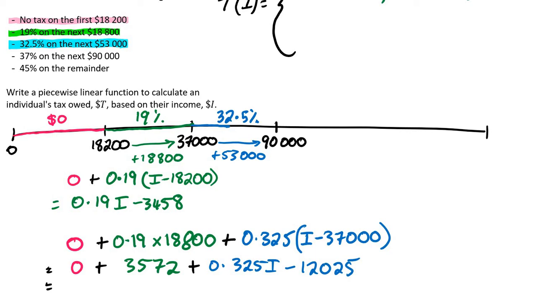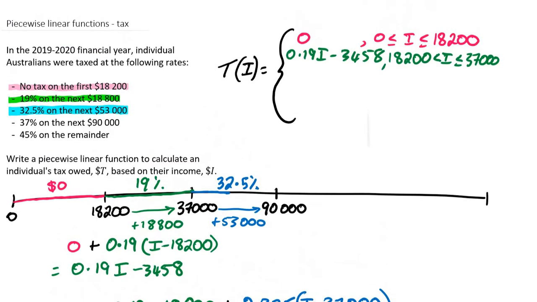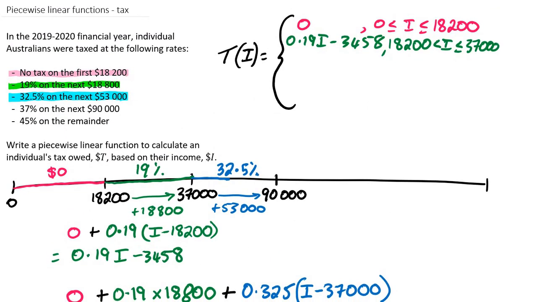And tidied up, someone in the next region, our third component, that's going to be 0.325i minus 8,453. So let's add that to our piecewise function. It's from 37,000 up to and including 90,000, the next 53,000.